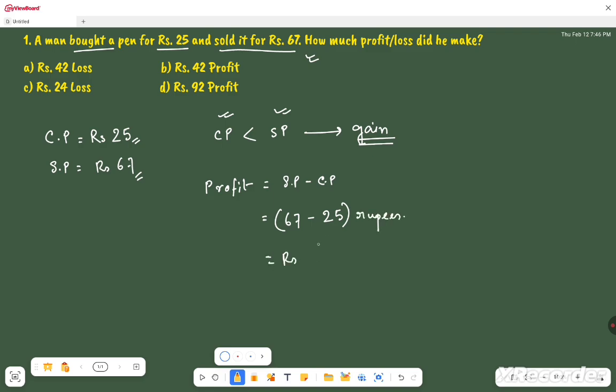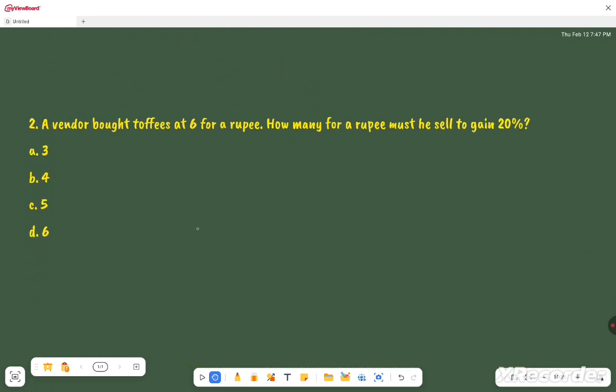That means we are getting 42 rupees. So this 42 rupees is the profit that we are making. So the answer will be rupees 42 profit. So I think this sum is clear to everyone. Okay, now let's move to the next sum.